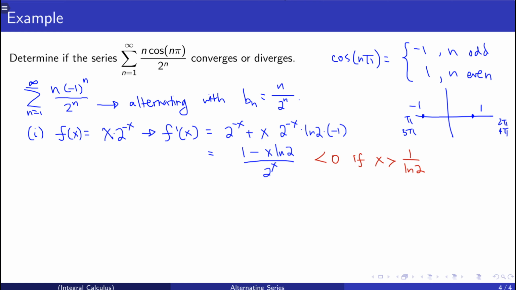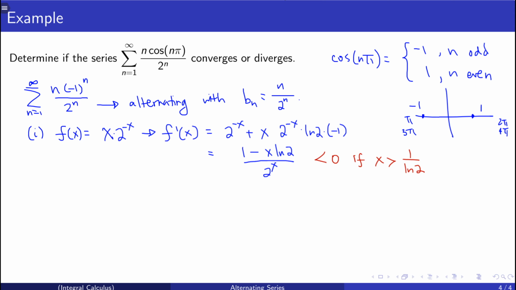Remember that for our series, sometimes we don't really need our sequence to be decreasing the whole way. It can increase in the first few steps and then start to decrease forever. So the derivative here is actually positive when x equals 1, when n equals 1.